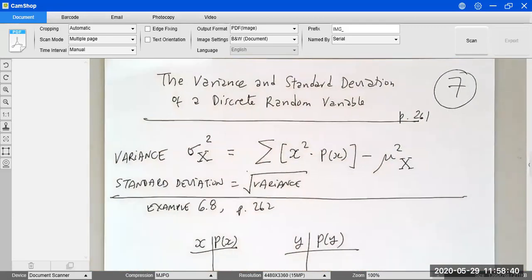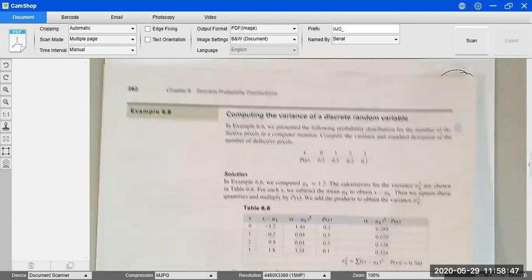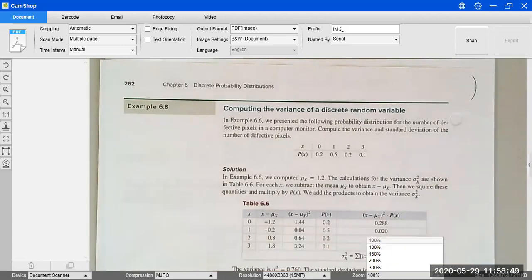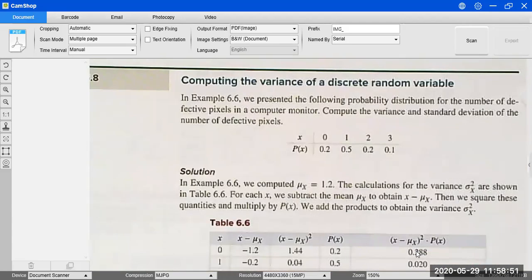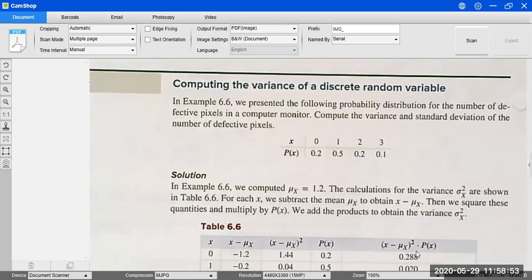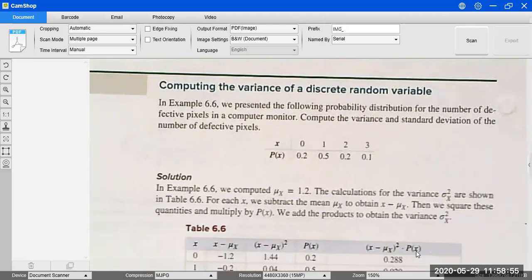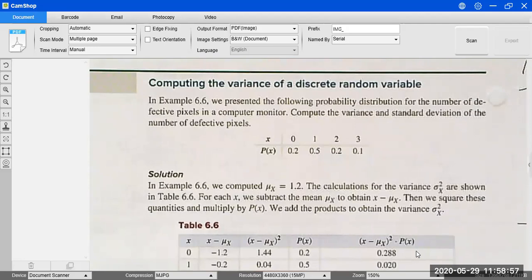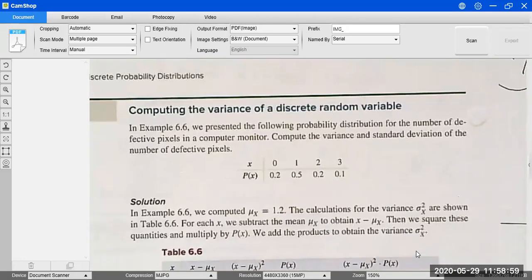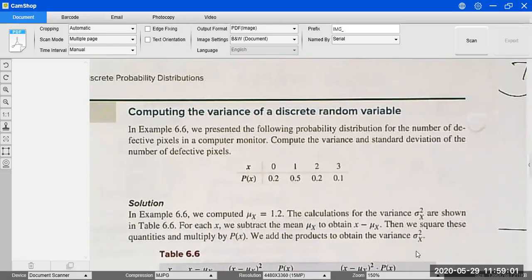So let's work now on example 6.8. Example 6.8 is here. That example is about the defective pixels in a computer monitor. Remember, we have this probability distribution with values x of 0, 1, 2, 3, and p of x being the values for the corresponding probability.